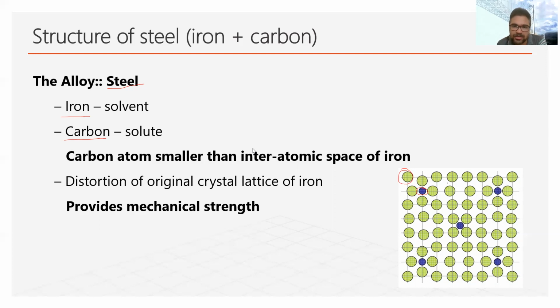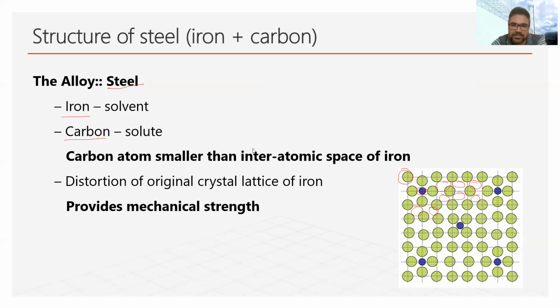Why? Because this space is filled by carbon atoms, and the carbon atom is smaller than the iron atom. When the space is filled by carbon atoms, the strength of this lattice will increase. So that is why one can say that steel is strong compared to normal iron.